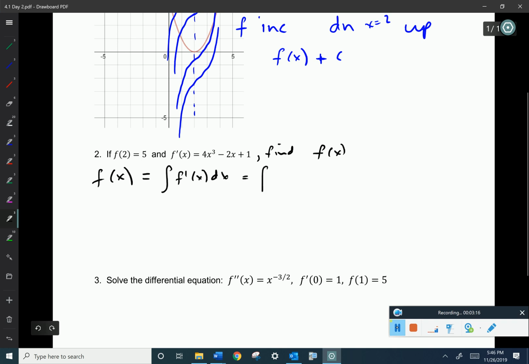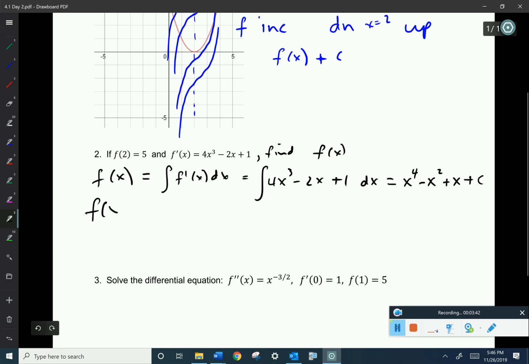And so if I integrate 4x cubed minus 2x plus 1, think about it. When I integrate 4x cubed, it's going to be x to the 4th over 4, so x to the 4th. When I integrate 2x, it's going to be x squared. And when I integrate the plus 1, I'm going to have an x. And then don't forget, anytime you integrate, you have plus c.